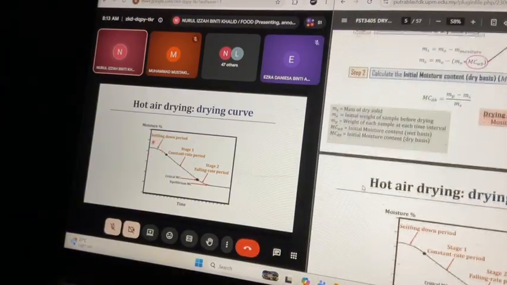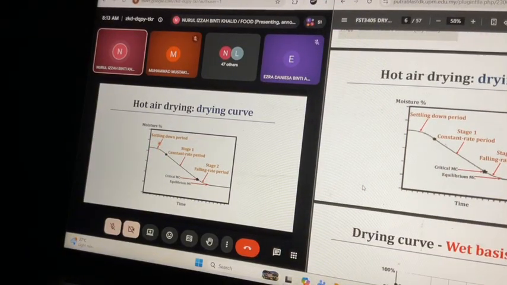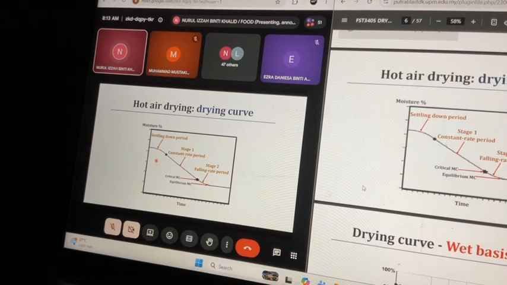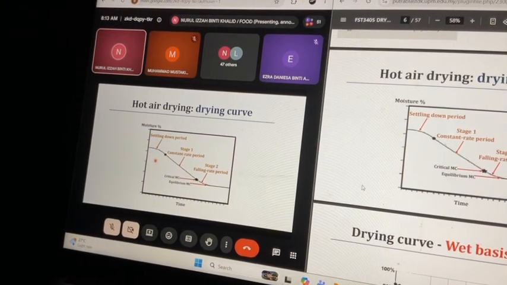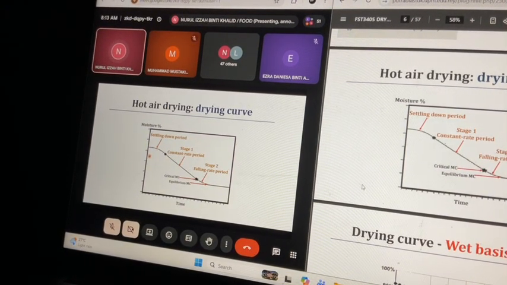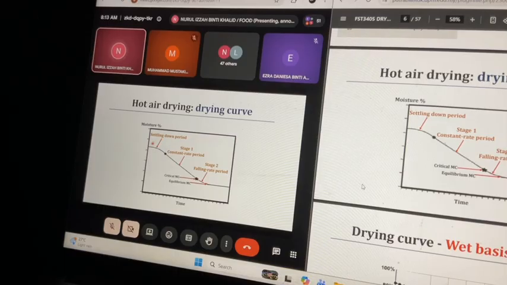In this initial stage, sensible heat happens. Remember we have sensible heat and also latent heat. Sensible heat is when the temperature change happens, which means that we add heat to the system.